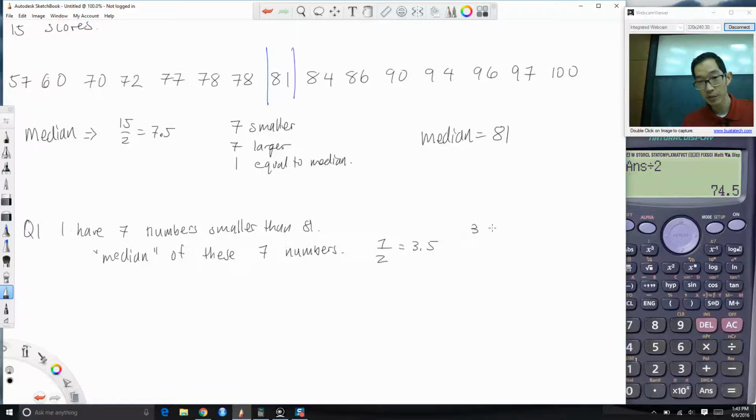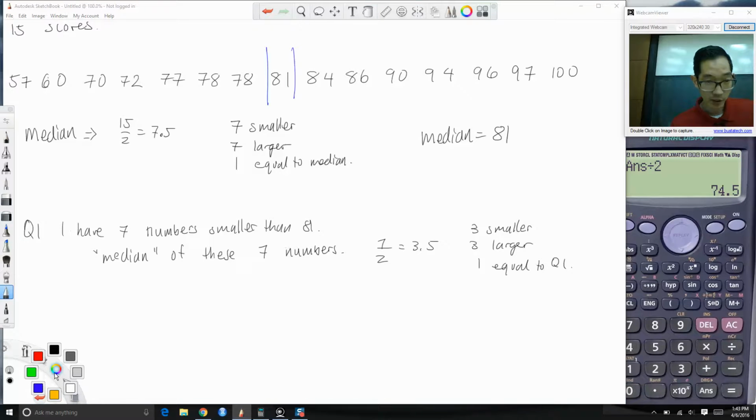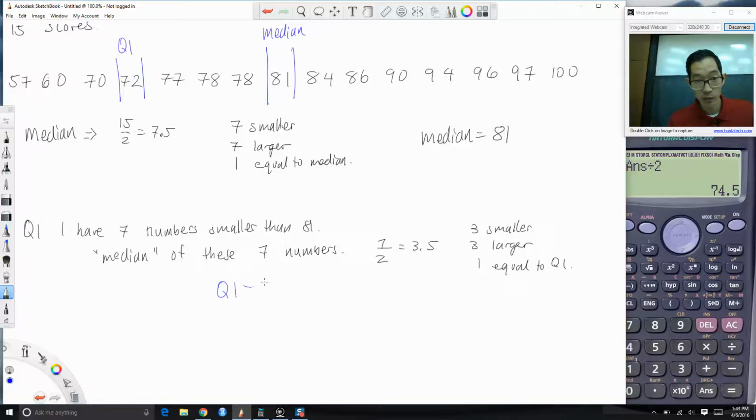So we're going to have 3 smaller, 3 larger, and 1 equal to Q1. Okay, so what is Q1? 72. Okay, so we just kind of split it right here. So this is the median. This is going to be Q1. So I've got Q1 equal to 72.